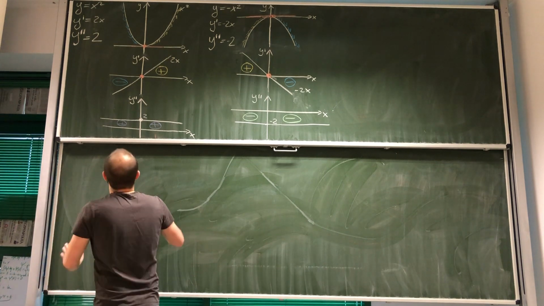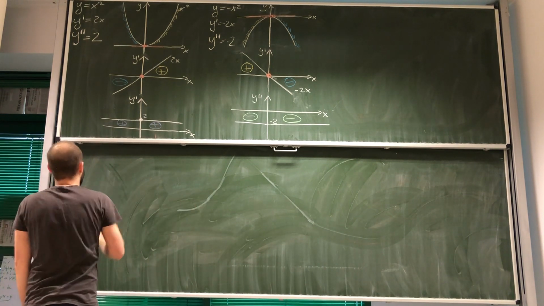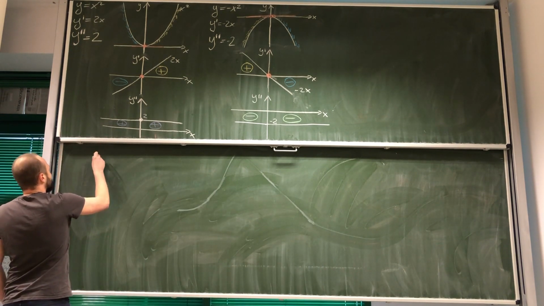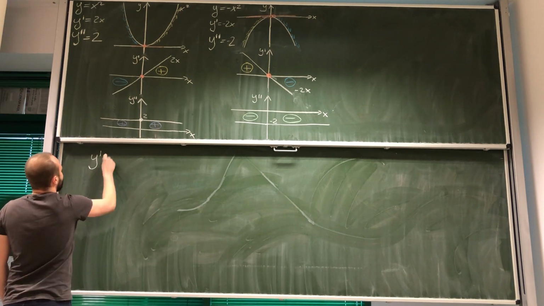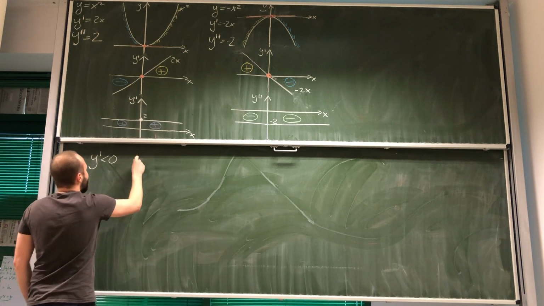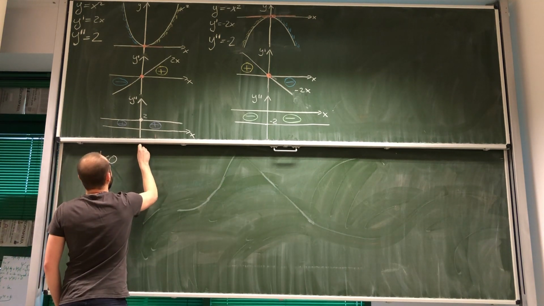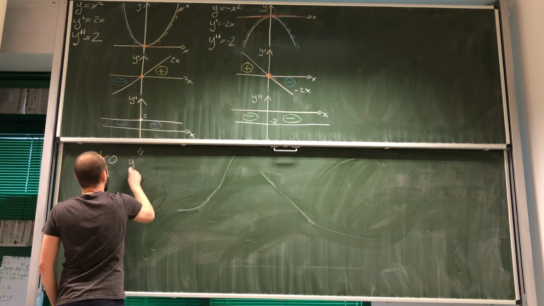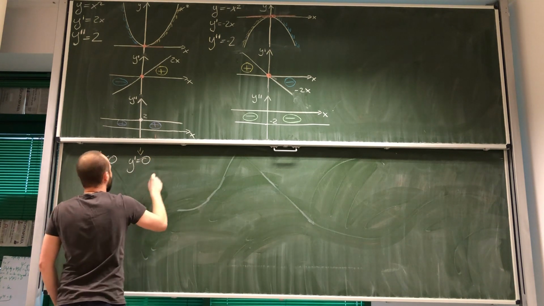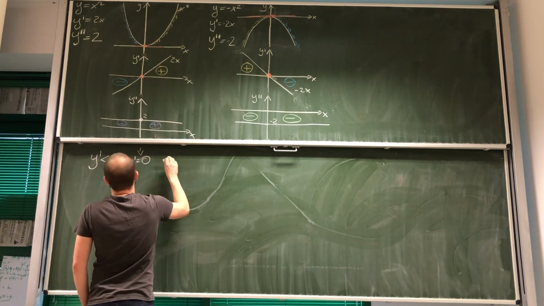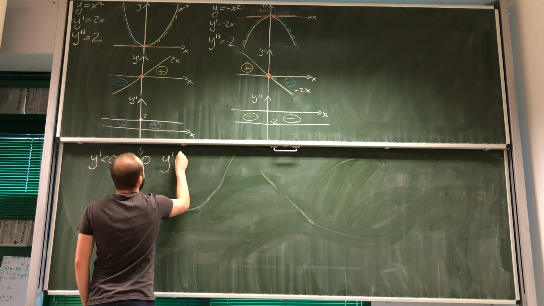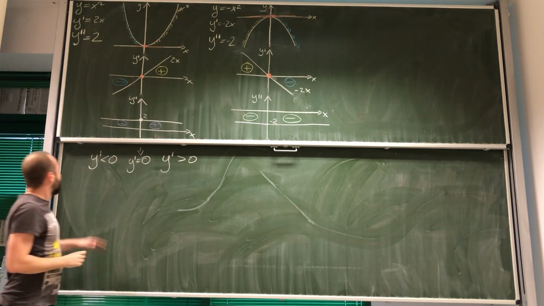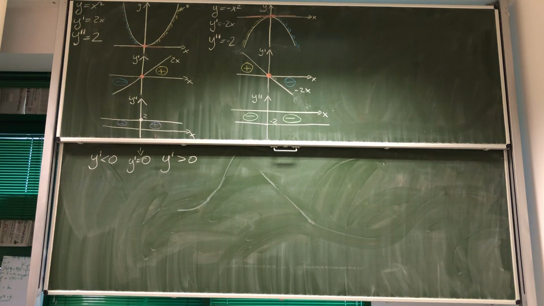New slide. Look, we know that in this case the first derivative over here is negative, then at this point over here the first derivative is equal to 0, and to the right of this point the derivative is positive. Okay, so what does it mean?